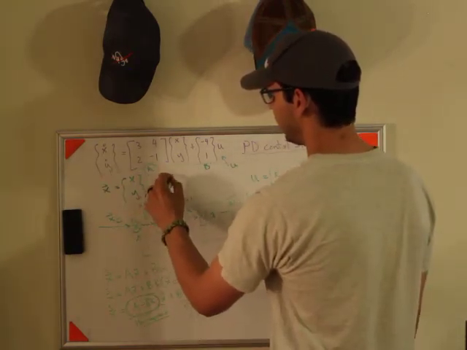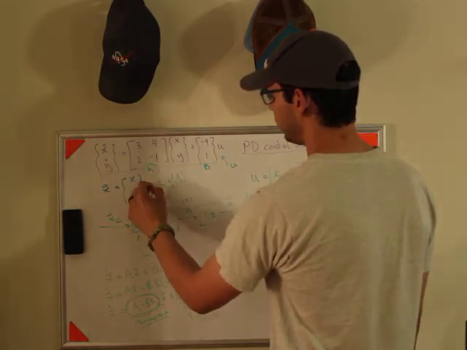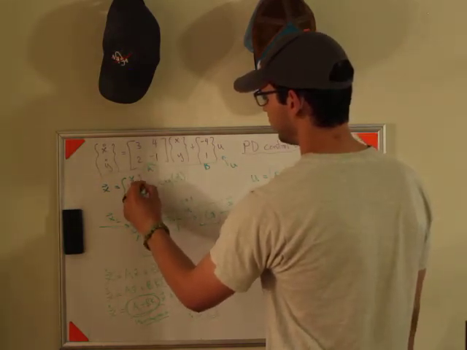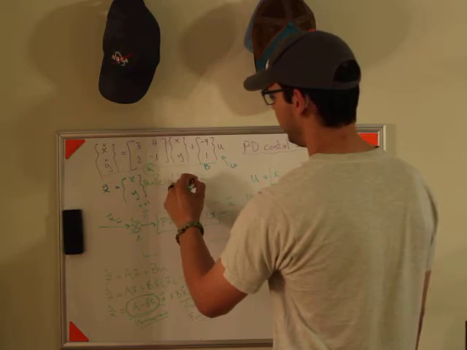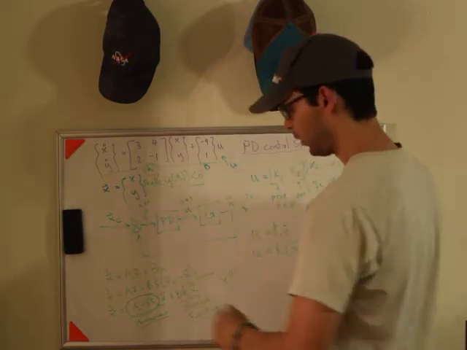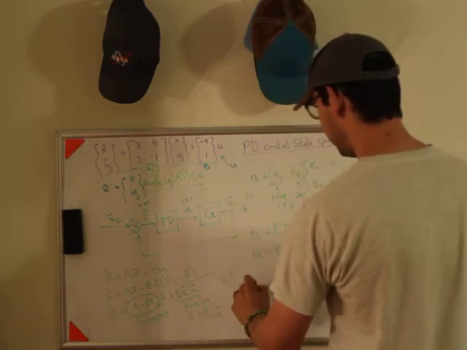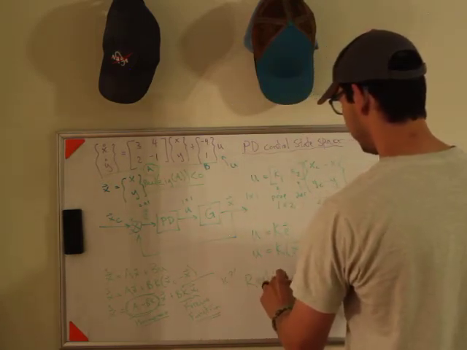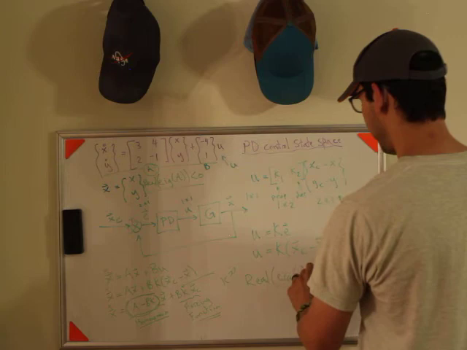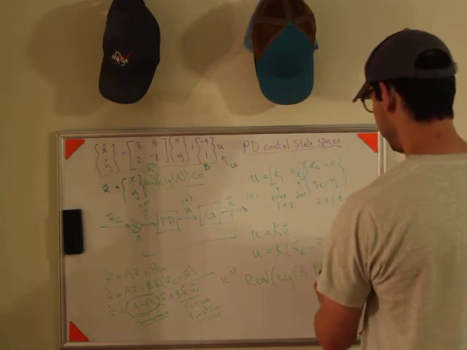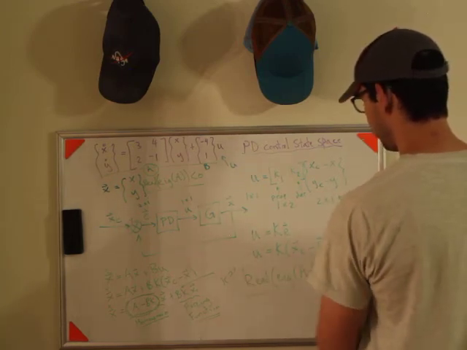You need to look at the eigenvalues of A, and the real component of the eigenvalues of A need to be less than 0. Well, now you have a closed loop system where you have A minus BK. So what you need is the real component of the eigenvalues of A minus BK to be less than 0. That is what you require.